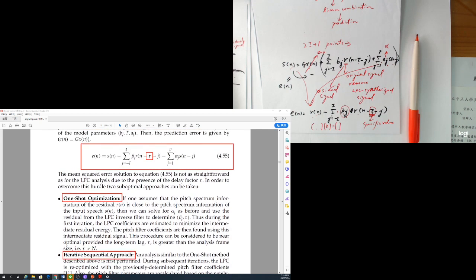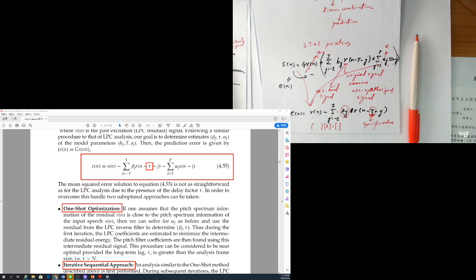Why is it iterative? Because S of n has two terms for the prediction of S of n. It's step by step. We assume this one becomes 0, so we try to minimize S of n close to this linear combination. We find the alpha, and then later remove this, becoming the residual.